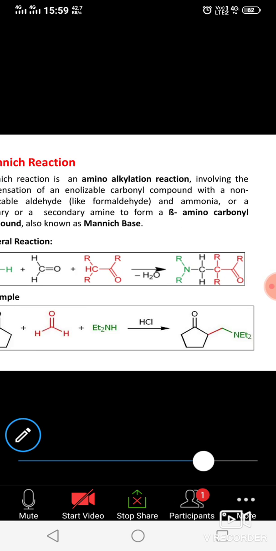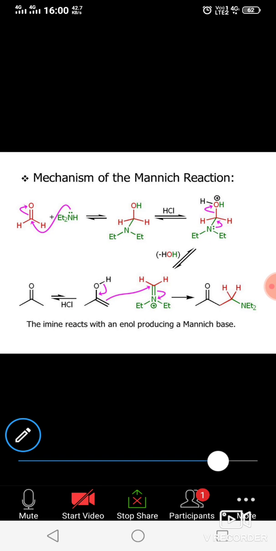Now we will see the mechanism for the Mannich reaction. First, formaldehyde will react with the secondary amine. You can see that nitrogen has a lone pair of electrons, so we can say it is electron rich. In formaldehyde, oxygen is electronegative, so it will pull the electrons towards itself.